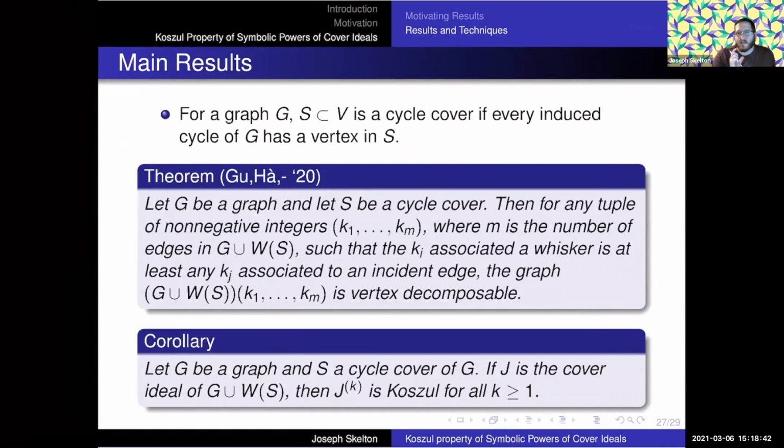Then for any tuple where my whiskers are copied at least as many times as the edges around them, G union the whiskers, so the whiskered graph, is vertex decomposable for that K vector. And the corollary to this is, let all of the Ks be the same, then you get the cover ideal as Koszul. So this whiskering forces all symbolic powers of the cover ideal to be Koszul.